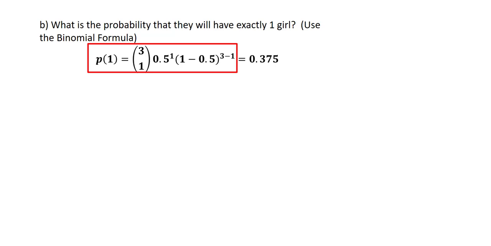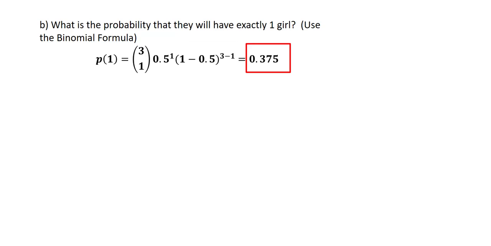Now, when we put all of that together into the formula, in parentheses right here, this is 3 combination 1. So that will give us a 3. We compute 0.5 raised to the power of 1. It gives us 0.5. Then another 0.5 to the power of 2 gives us 0.25. Now, when we take this product, the probability comes out to be 0.375. Now, I'll be solving the rest of the problems using Excel.